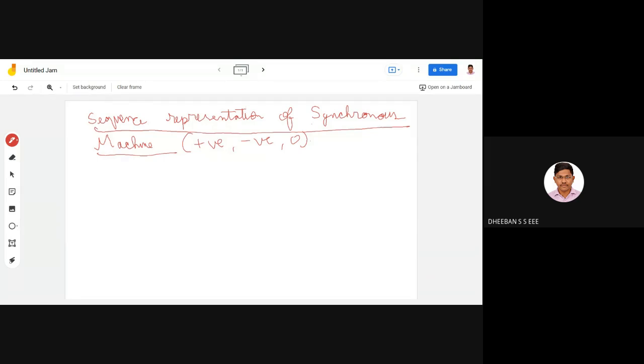So first we have to consider a synchronous machine. So we can take this to be star connected. Okay.